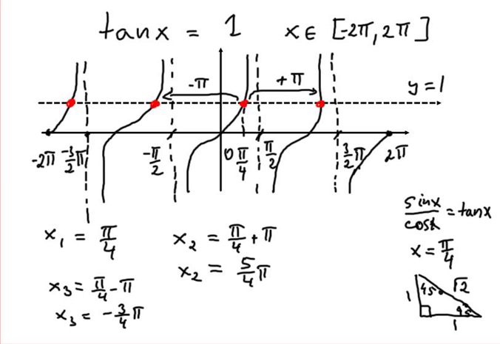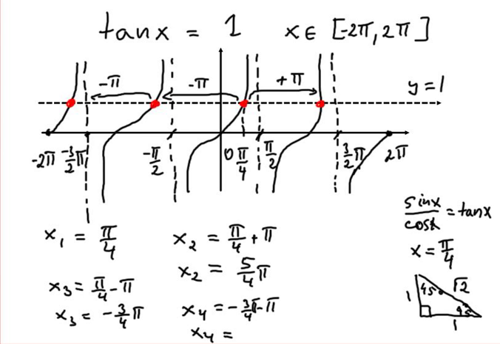And one more, the last one. So from that value, subtract pi. So the last one, x4, is equal to negative 3 over 4 pi minus 4 over 4 pi, of course.